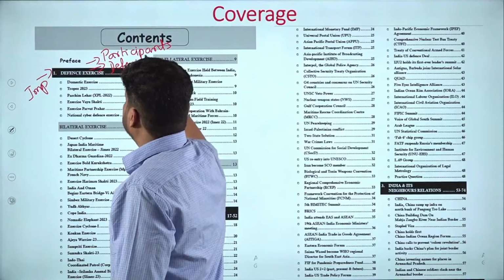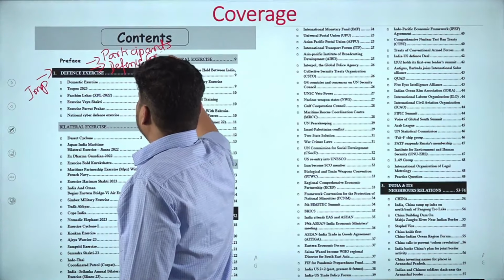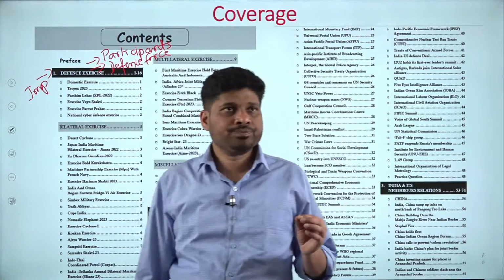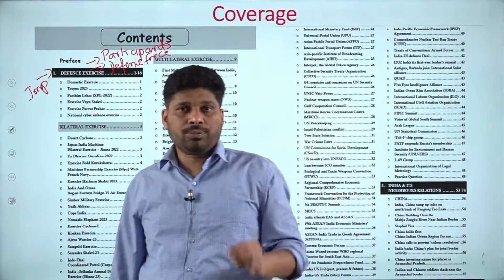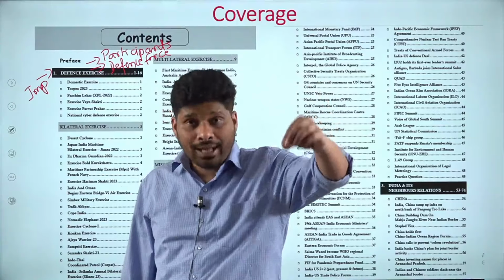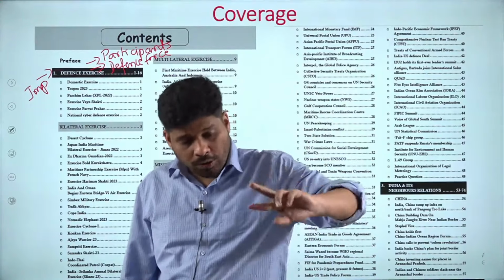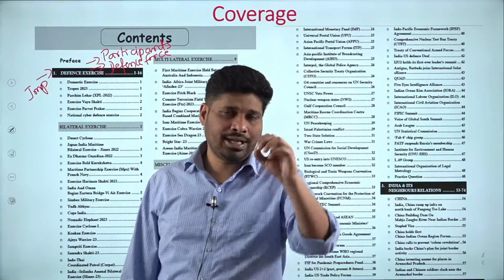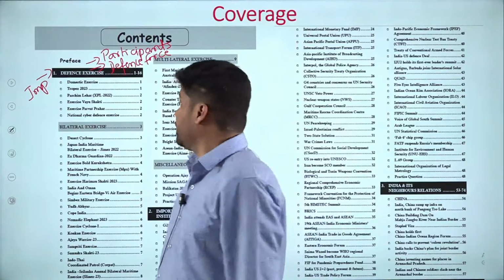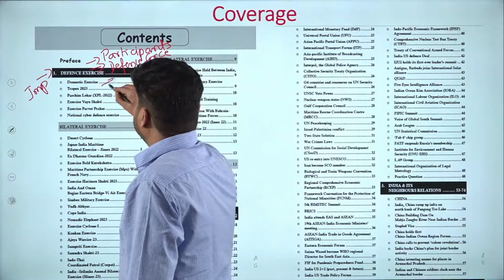For example, if the Indian Navy took part in it, if the Indian Coast Guard took part in it, if the Indian Army took part in it, or all the three services took part in it, that has to be taken into consideration. Third is the objective.